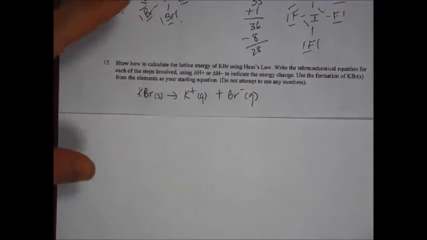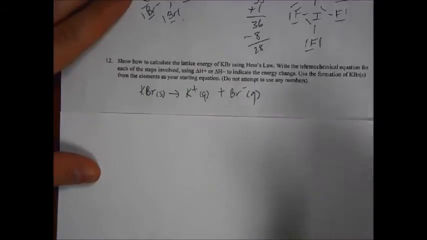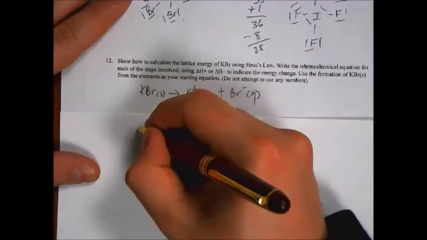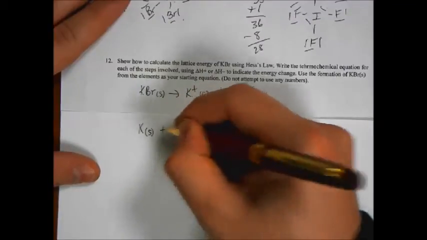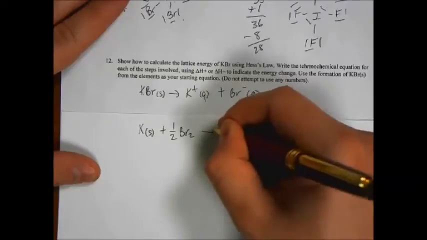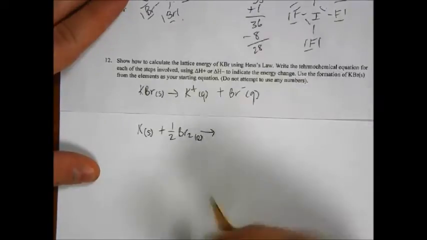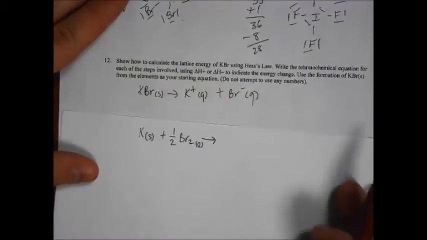So the equation for the formation of KBr is going to be the formation of KBr from its elements. So that's going to be K solid plus 1/2 Br2 liquid. Remember, these are the elements in their standard states. So you have to know this.